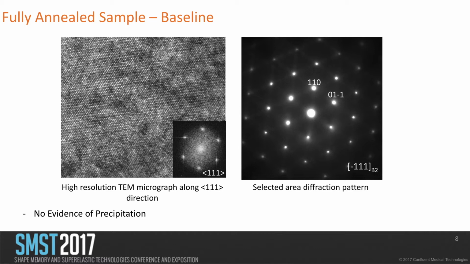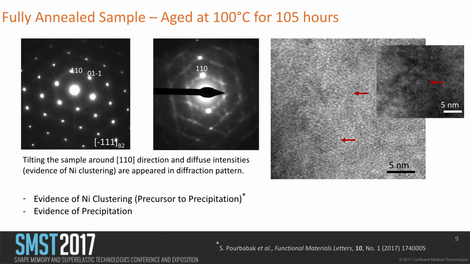On the left, we have the high resolution TEM from the baseline, and on the right we have the diffraction pattern, and it shows a B2 structure. Everything is clean, austenitic, with no evidence of any precipitation. By the way, these are the atoms that you see in the high resolution TEM. And now, aged at 100 degrees C for about 100 hours, we'll start seeing some formation of precipitates.